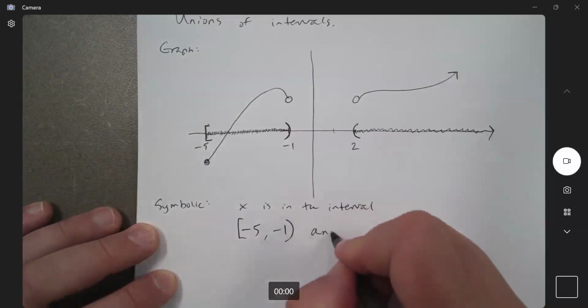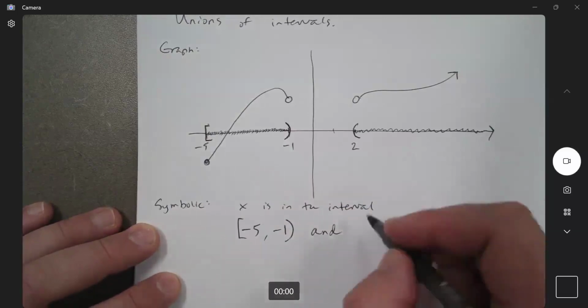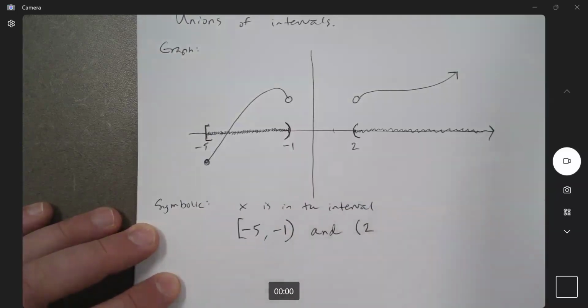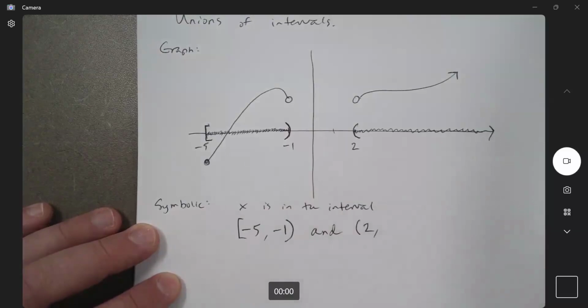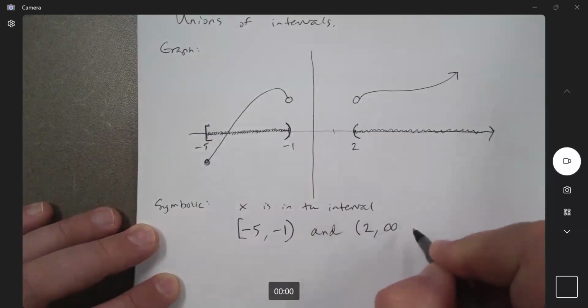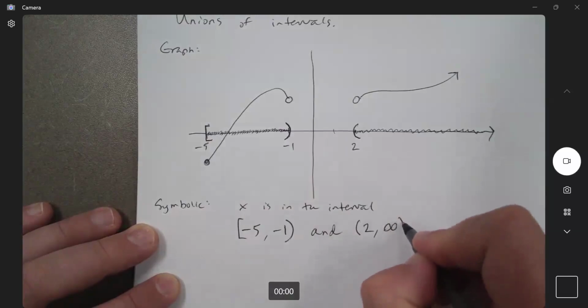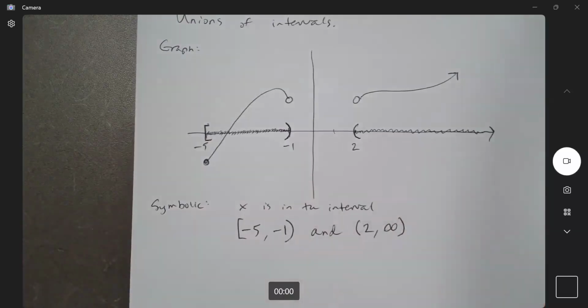And, well, I just use the word and. From 2, with the parentheses, because you don't include the 2, up to forever. What's the word for forever in numbers? Yep, up to infinity. Can we ever reach infinity? Nope, so we'll use a parentheses there as well. Infinity always gets parentheses.